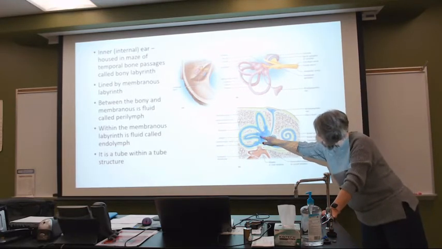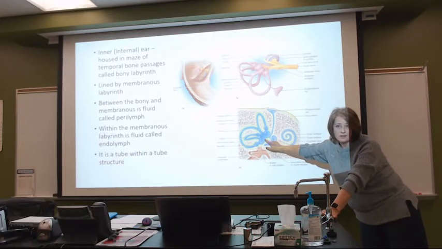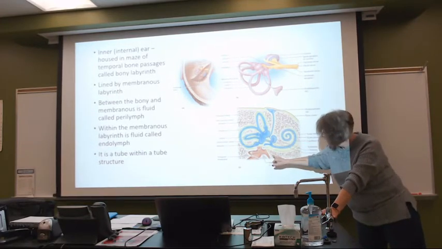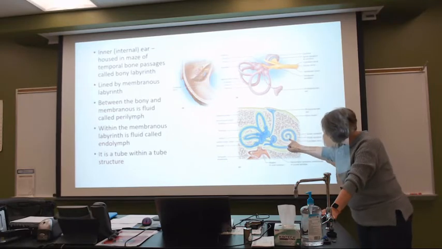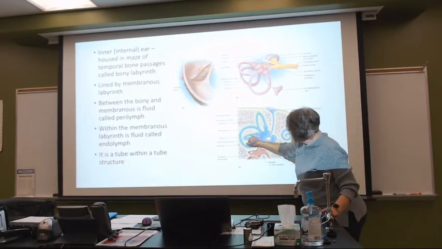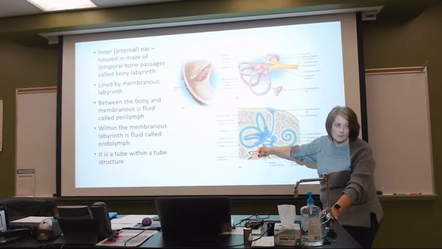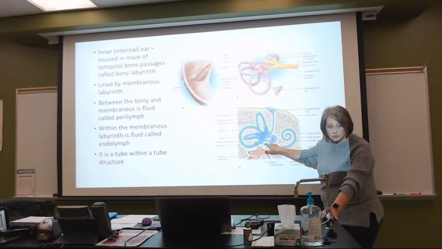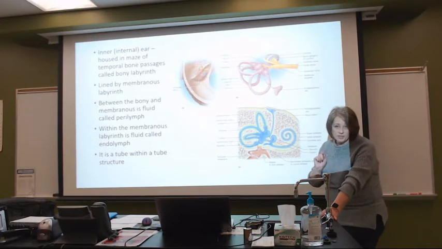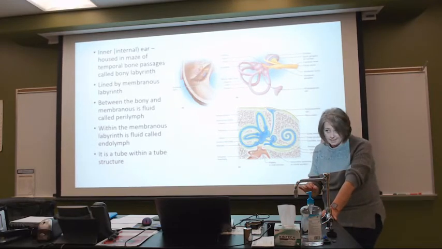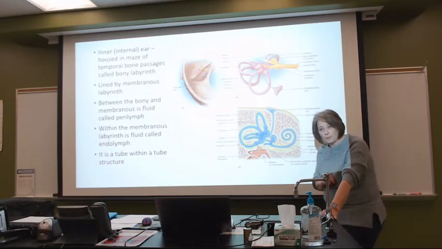So in my semicirculars, the same thing. So I now have fluid and fluid in these structures. And it's from the fluids we're going to be able to have contact with those nerve fibers.